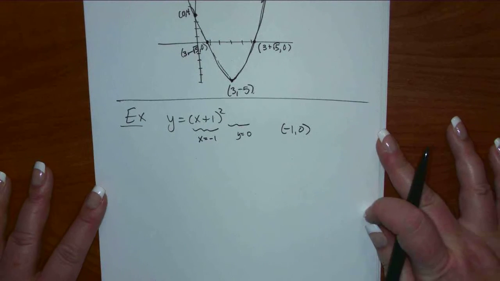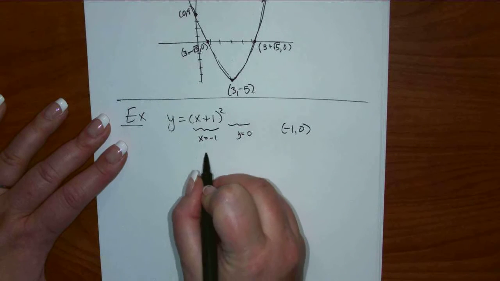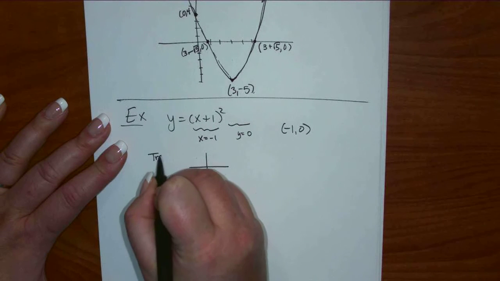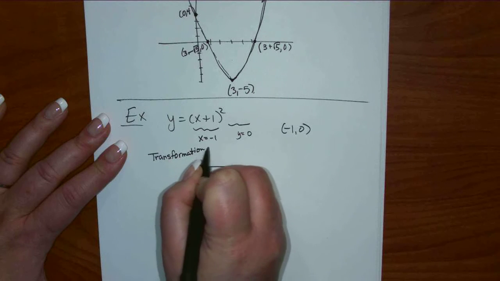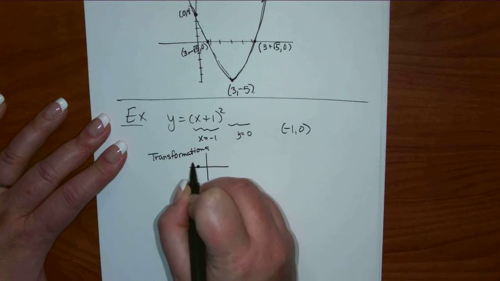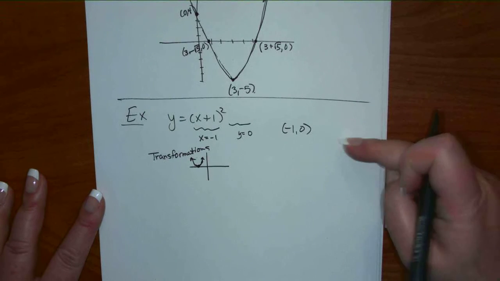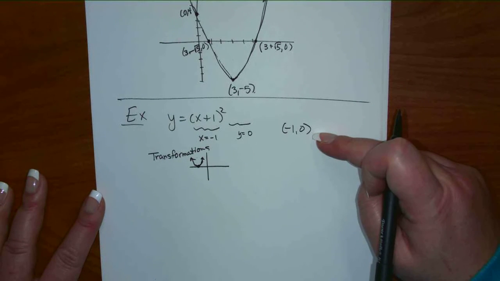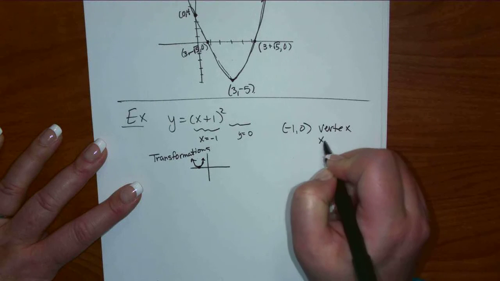Now let's draw a rough sketch to see what we need to do next, to see if you need the X or Y intercepts, what you need. So this is using our transformations. So -1, 0 is here. What do you think? That is the vertex, but it's also the X-intercept because it's on the X-axis.